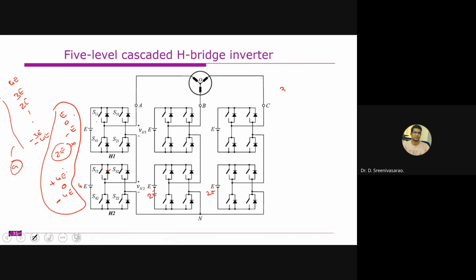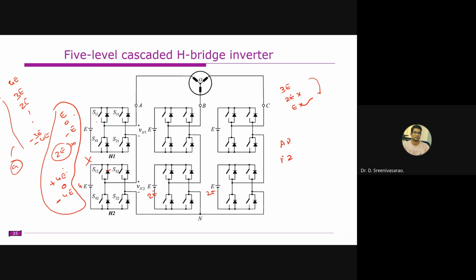So you can get the 3E voltage, E voltage you can get, but 2E voltage you cannot get. That means the voltage directly jumps from 3E to E. Therefore, these kinds of things are not preferred, right? So we normally have one combination like an arithmetic progression.